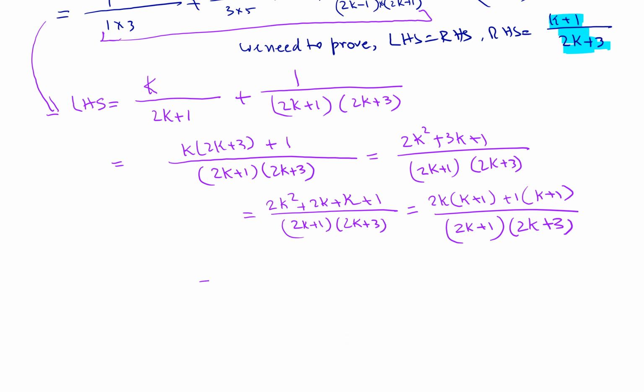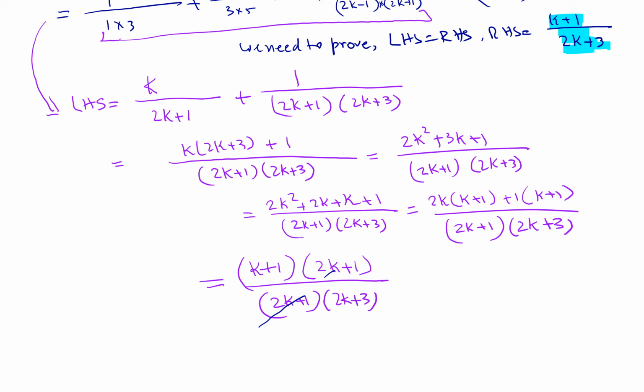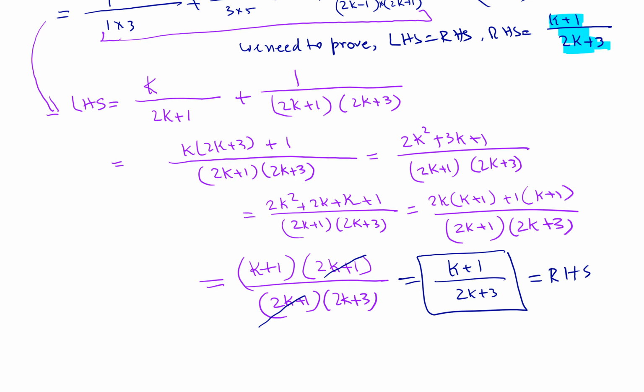And then we can write this as k plus 1 taken common outside, times 2k plus 1, over 2k plus 1 times 2k plus 3. And then 2k plus 1 can be cancelled, and I'm left with k plus 1 over 2k plus 3, which is equal to the right hand side.